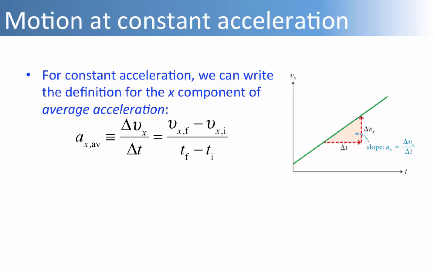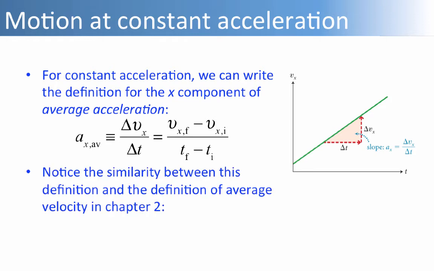So the average acceleration in the x direction is delta v sub x over delta t, and that's equal to v sub x final minus v sub x initial over t final minus t initial. And this will remind us of the definition of the average velocity, which was v sub x average equals delta x over delta t, x final minus x initial over t final minus t initial.